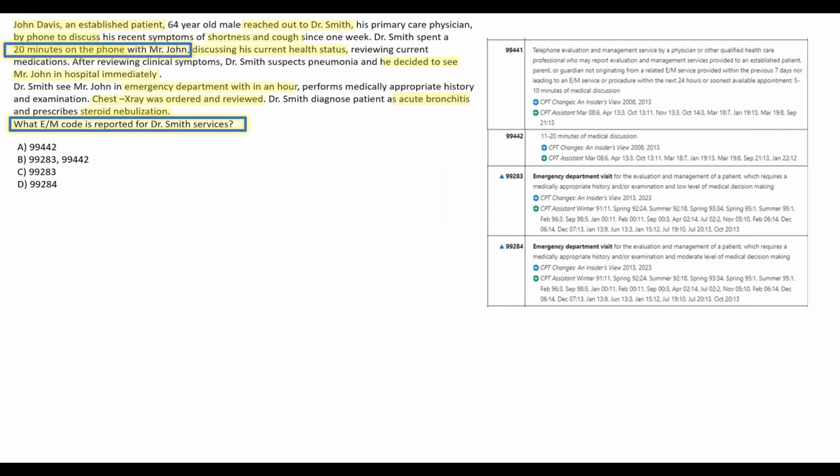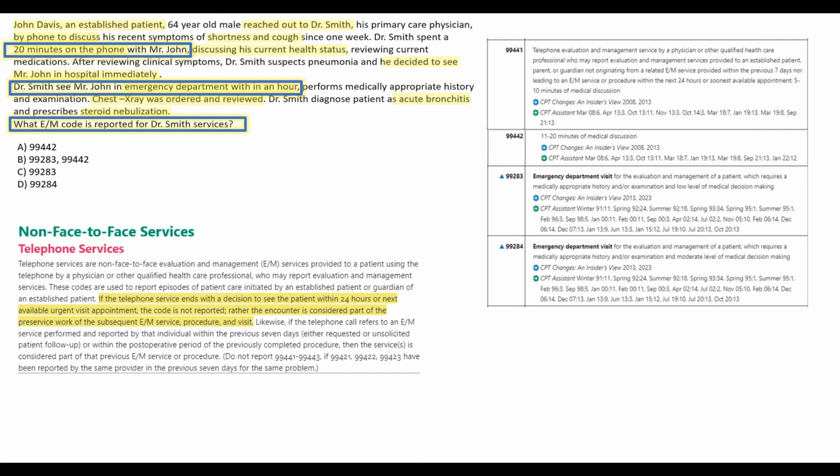So we are looking into the E&M codes for Dr. Smith. We had a 20-minute conversation on the phone between Dr. Smith and Mr. John, and Dr. Smith also sees the patient in the emergency department within an hour after the telephone conversation. We have a guideline for billing telephone conversations.